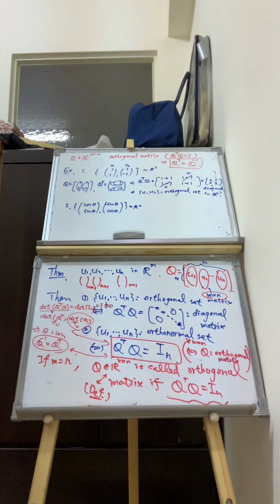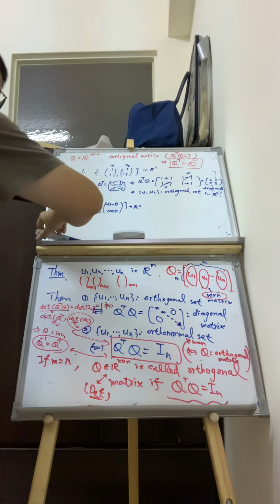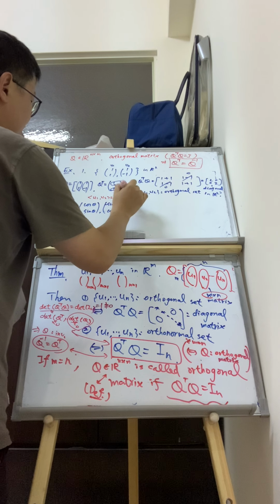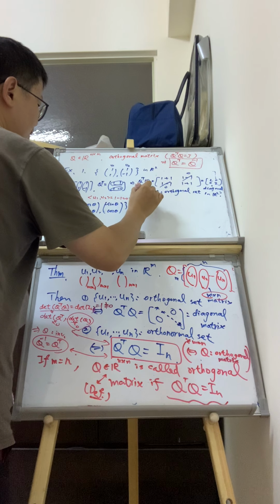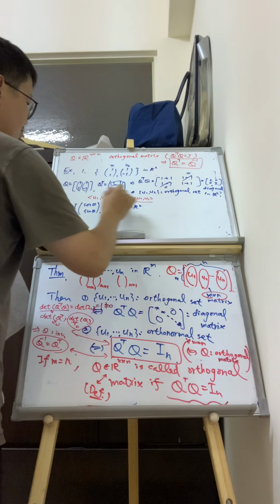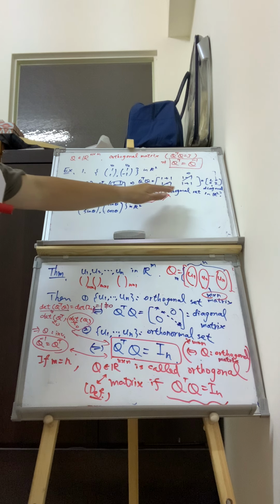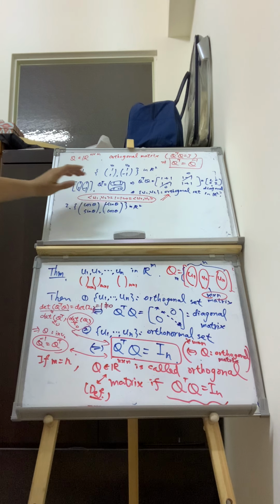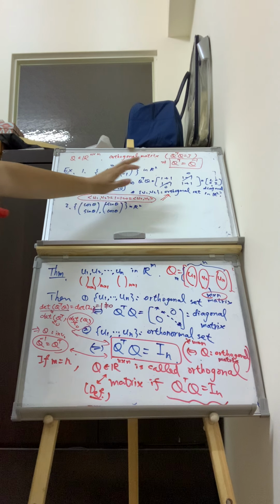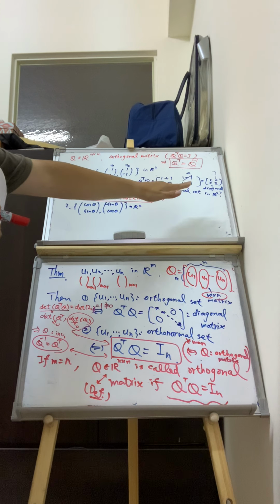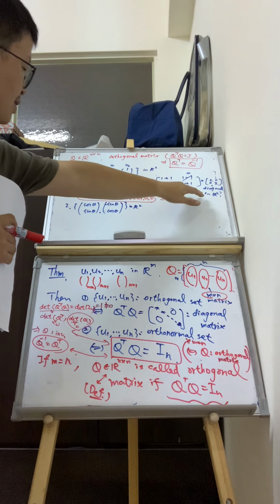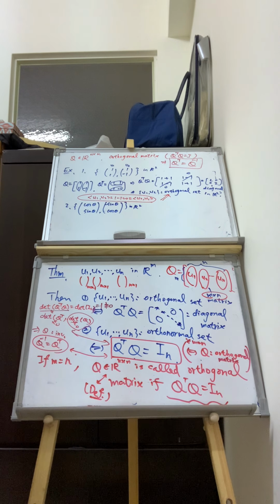Of course, you could say just consider the inner product. U1, U2, the inner product equals 1 subtract 1 is 0. So we could get this one, right? Of course, you could follow the definition to say that they are an orthogonal set, or use the matrix Q to show Q transpose Q is diagonal, and we could know that actually they are equivalent.